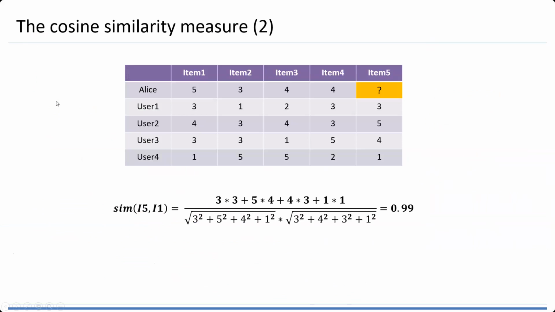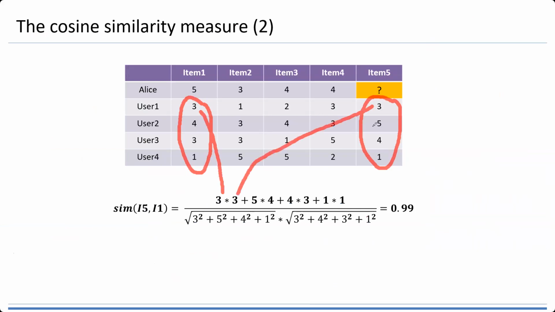So let's look at this one. I want to know the similarity between item 1 and item 5. I have item 1, item 5. Then I can just multiply 3 by 3, 5 by 4, 4 by 3, and then 1 by 1.